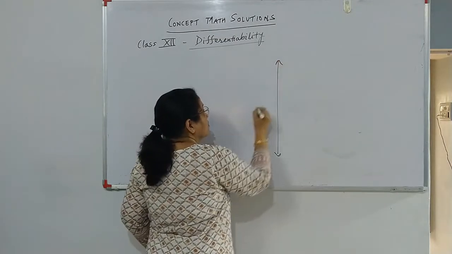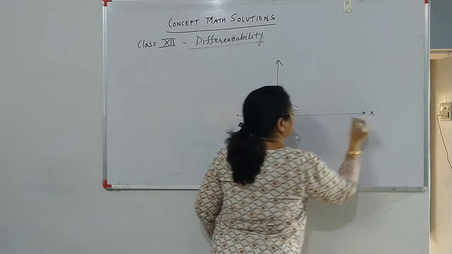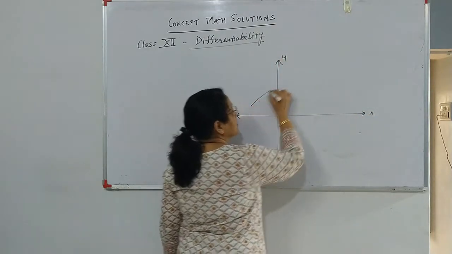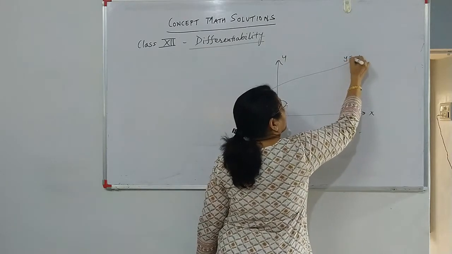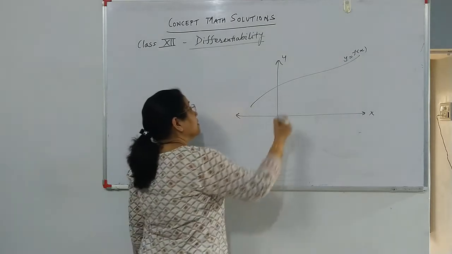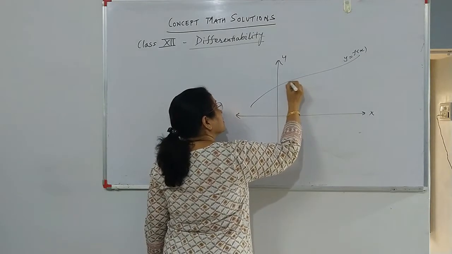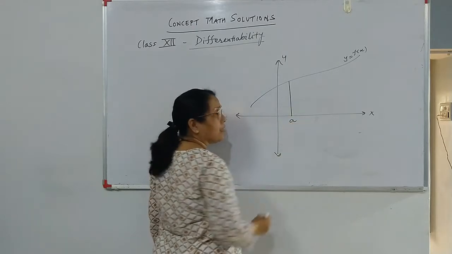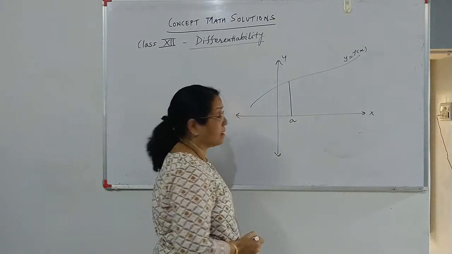We all know that every function has its graph. Now suppose this is the graph of a function y equal to f of x, and say this is a point A in the domain.